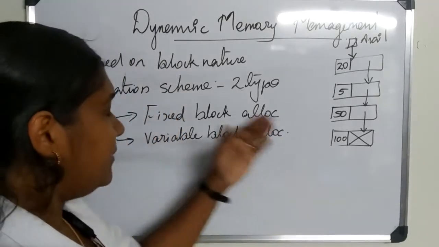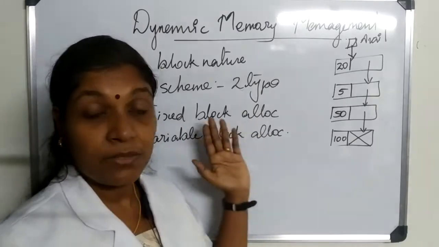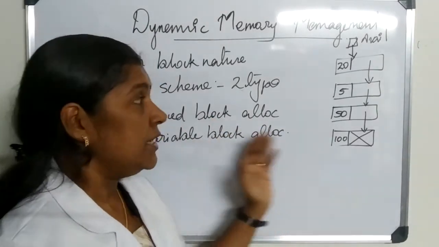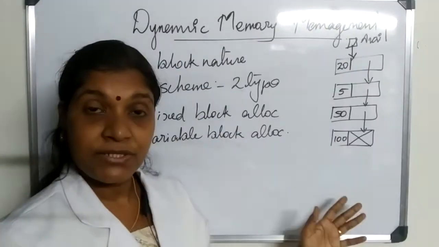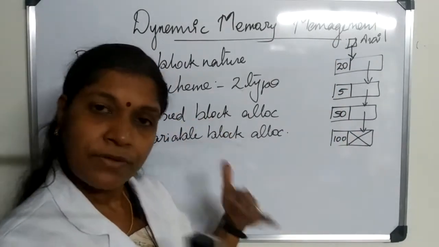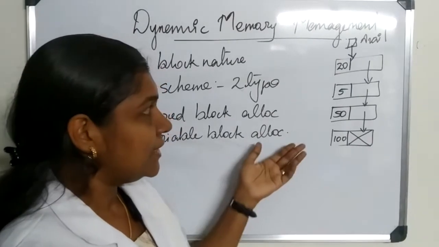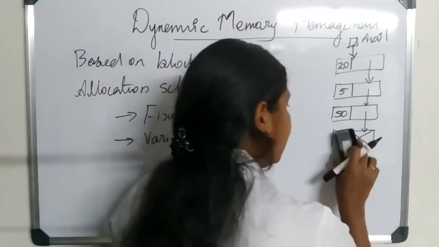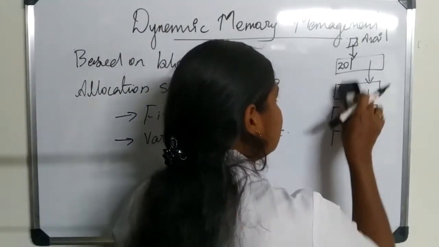I already mentioned what is meant by fixed block allocation and variable block allocation. If the free pool of memory is arranged as fixed block size, then the algorithm used would be fixed block allocation. I will represent it using fixed block schemes.